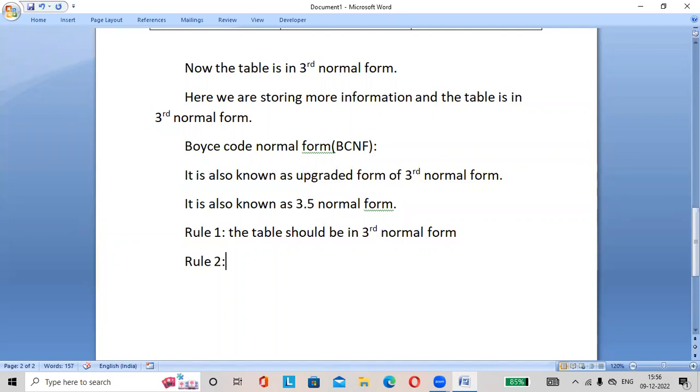What is rule number 2? A non-prime attribute deriving a prime attribute. BCNF does not allow this behavior.